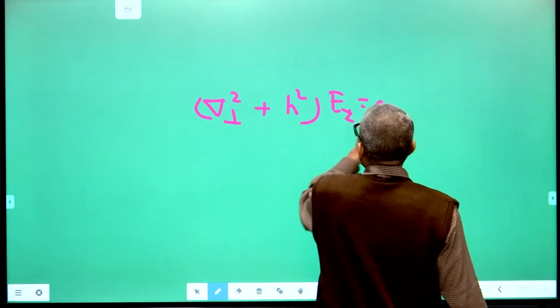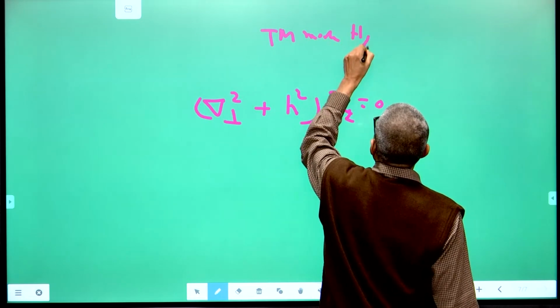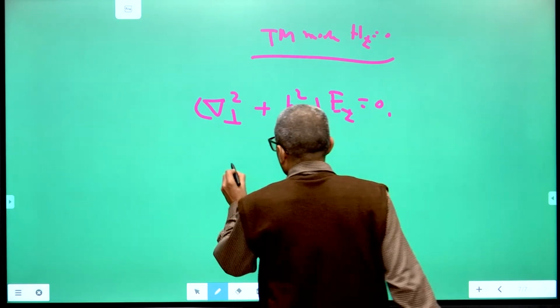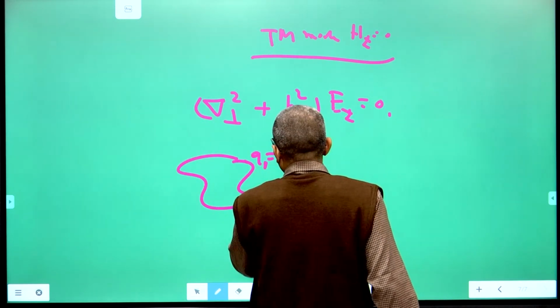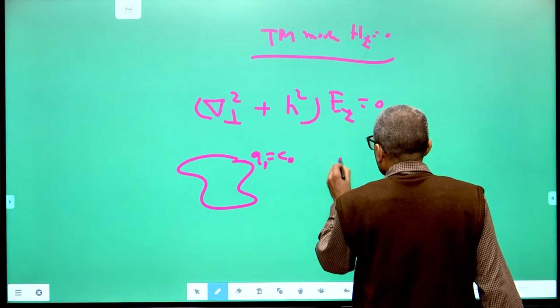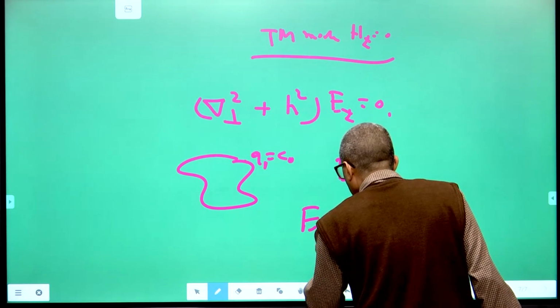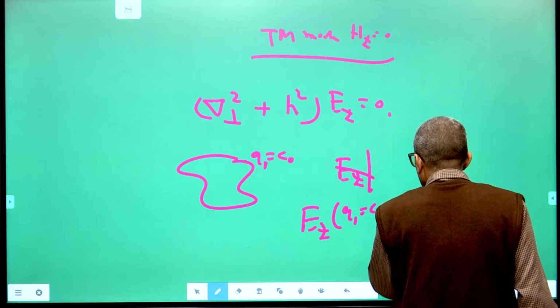So first consider the TM mode, in which Hz is 0, then everything is given in terms of Ez, and then you apply the boundary condition that this is the resonator cavity, and this boundary is q1 equal to constant c0. So Ez is a function of q1 and q2, and when you put q1 equal to c0 and arbitrary q2, that is 0.